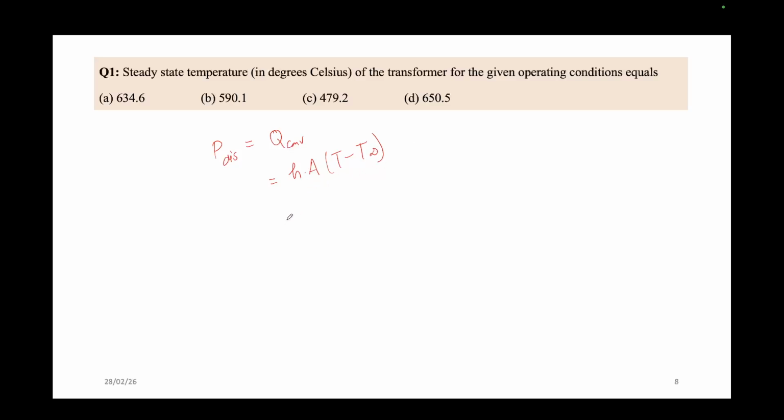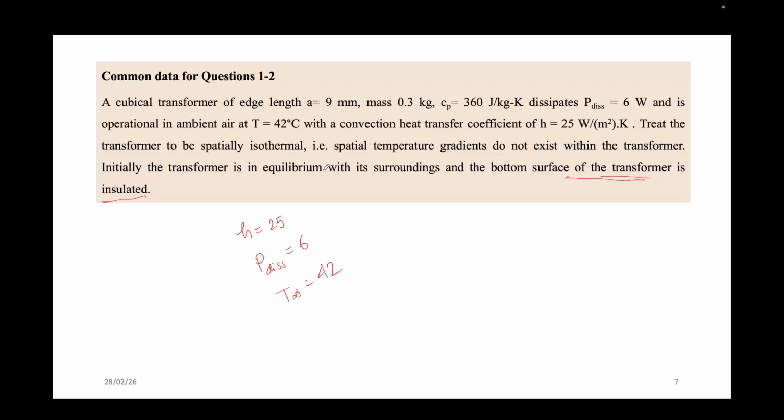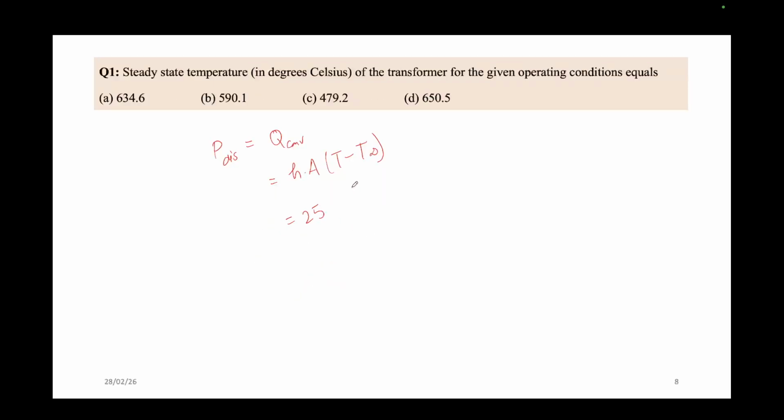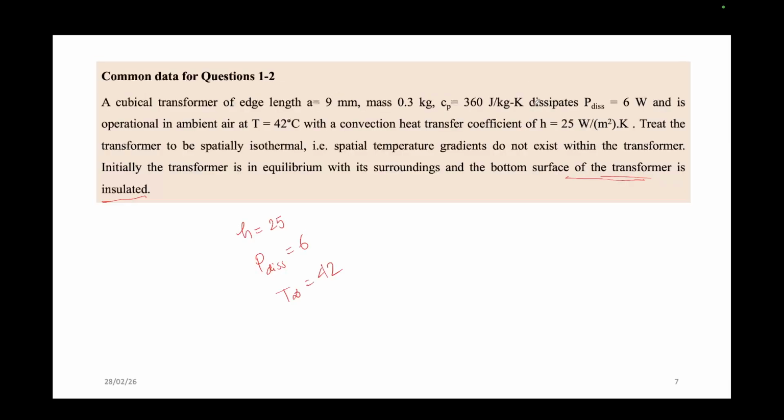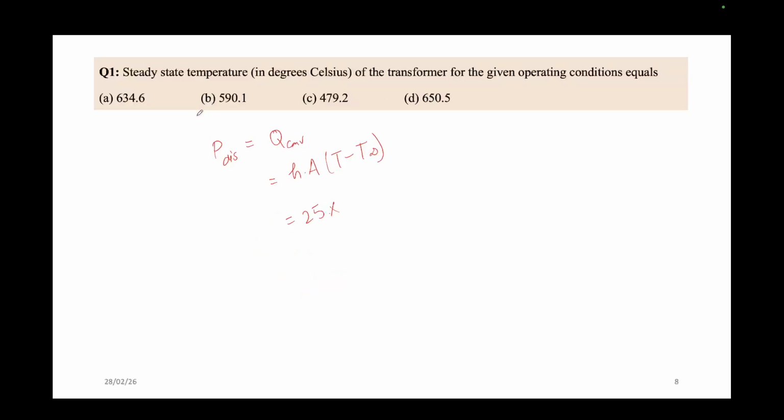For this, h is already given, it is 25 most probably. And T infinity is given. We need the area. How to find this area? It is a cube having edge 9 mm, but the important thing is that one of its faces is insulated. A cube has 6 faces. So how many faces are involved in heat transfer? 5 of the faces are involved in heat transfer.